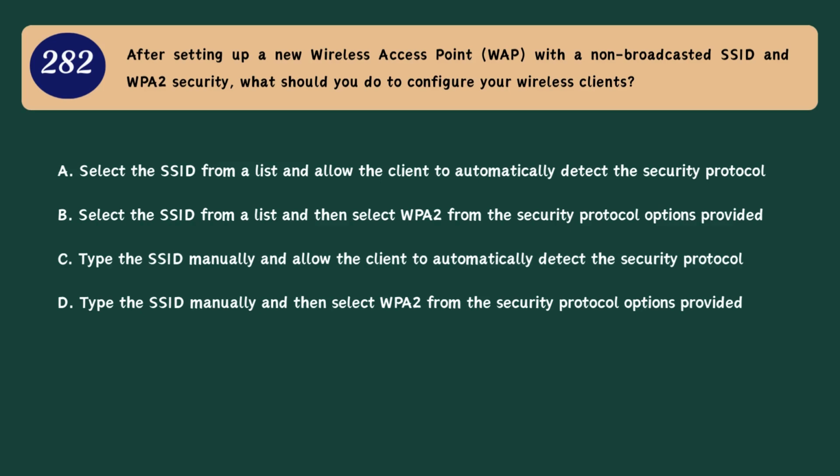B. Select the SSID from a list and then select WPA2 from the security protocol options provided. C. Type the SSID manually and allow the client to automatically detect the security protocol. D. Type the SSID manually and then select WPA2 from the security protocol options provided.